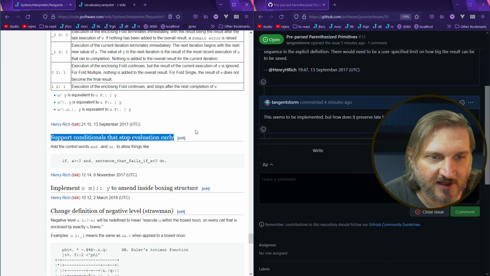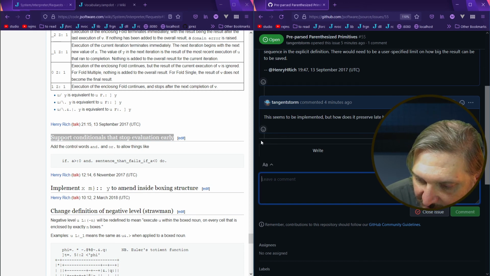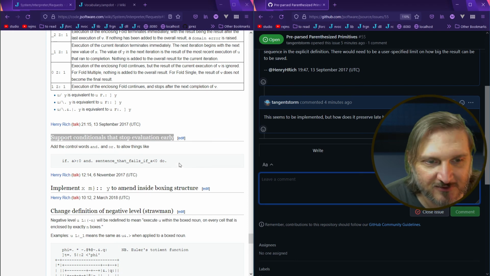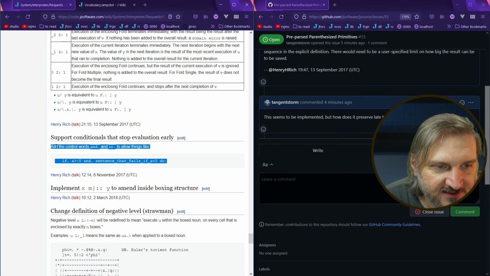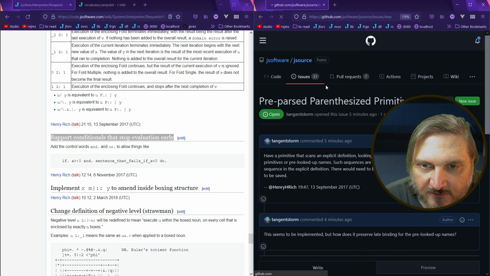Support conditionals that stop evaluation early. Yeah, J has no short circuit evaluation. You can implement it kind of with functions, but right now you have to use something like if a is greater than or equal to 0, do this, if it fails, if a is less than 0, do that, so you have to do a nested if. So I would love this. I would happily vote for this if I had an option to vote.